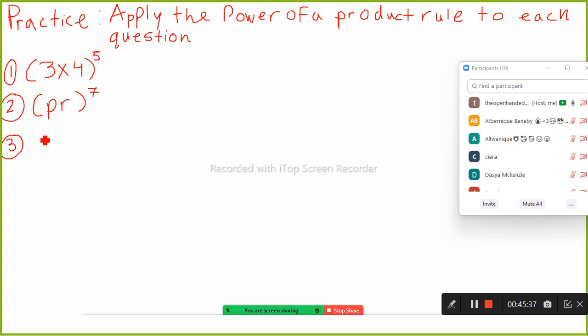Let's say we have 6 times 2 times 9 to the power of -3. And let's say we have A, B, C to the power of 4.